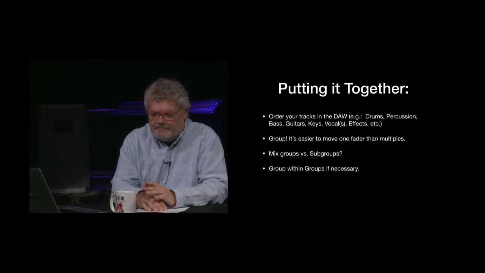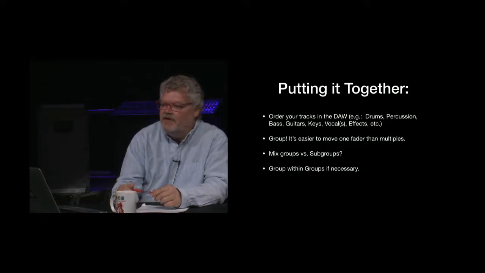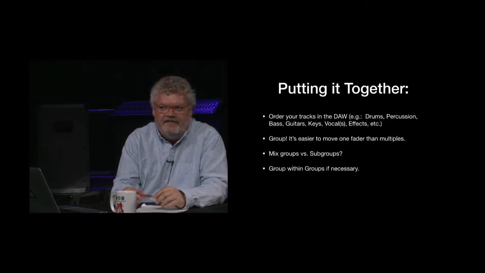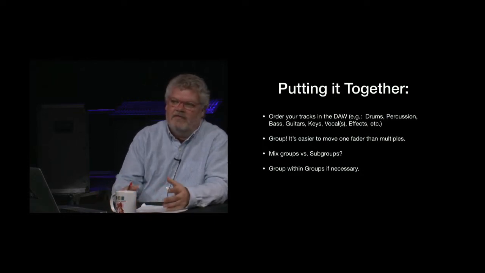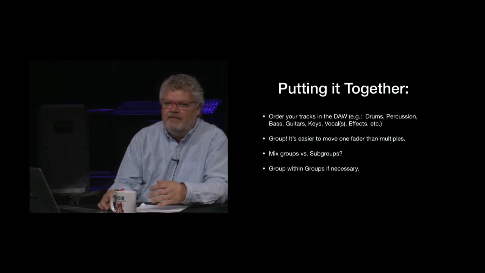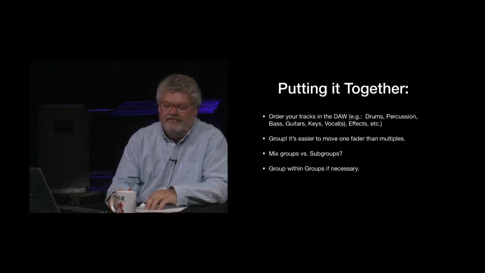All right, so let's talk about putting it together at this point. Probably could go back to kind of listening a little bit, but it's probably a good idea to order your tracks, and we do talk about this a lot. So line everything up in your DAW, really whichever works for you as a mixer personally.